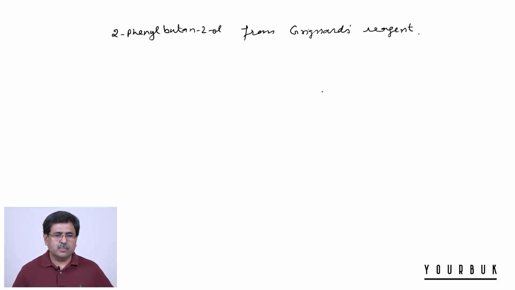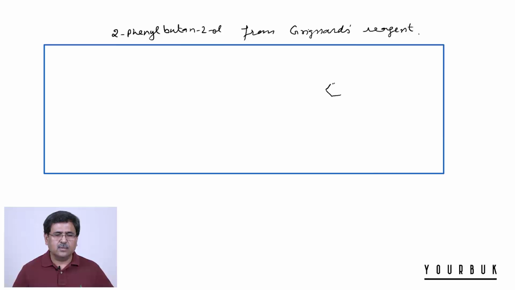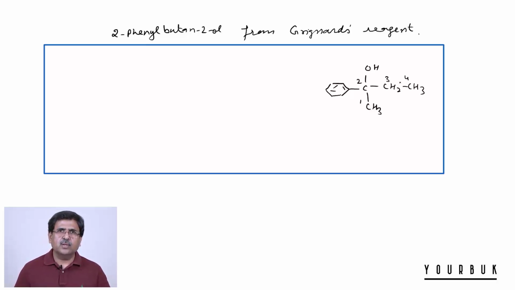See, our aim is to prepare this 3 degree alcohol. This is called 2-phenyl butan-2-ol. It's a 3 degree alcohol, and a 3 degree alcohol you can prepare only by reacting the Grignard's reagent with a ketone. So what combinations are possible? We have 3 combinations possible.